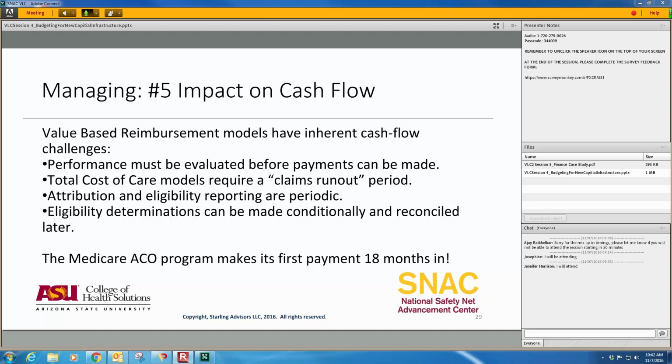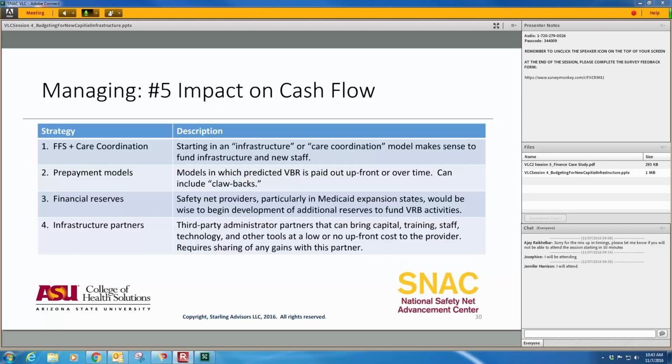Just a note, the Medicare ACO program doesn't make its first payment to successful ACOs until 18 months into the model. You can't wait 18 months to implement some of these changes in your organization, otherwise there will be no payment. So these create cash flow challenges.